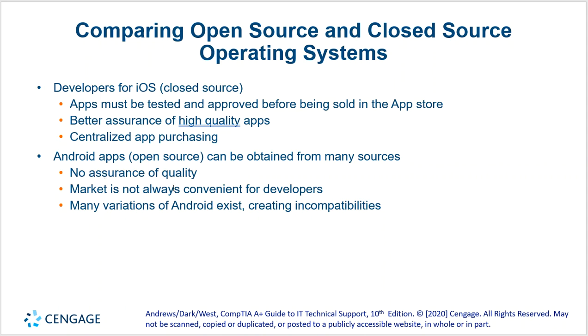There's no assurance of quality. Market is not always convenient for developers, and there's many variations of Android that exist that can create incompatibilities. So we really want to be up to date with the latest Android version so that we know that we have the maximum functionality for our device.